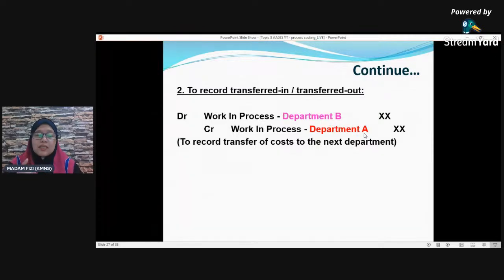This is the journal entry to record the transfer in and out, in Department B and out from Department A. The narration is to record transfer of cost to the next department, or to Department B. So this has to be added. Job order costing does not have this.